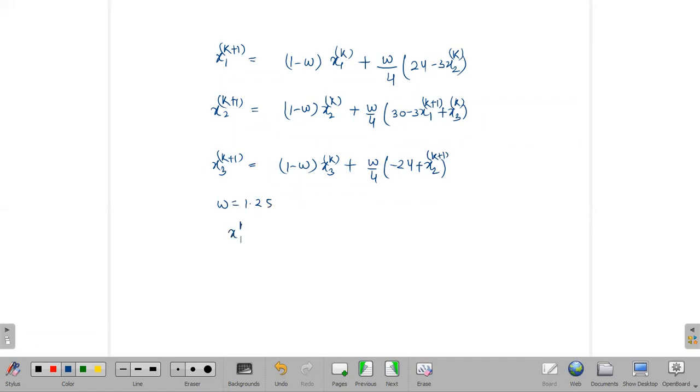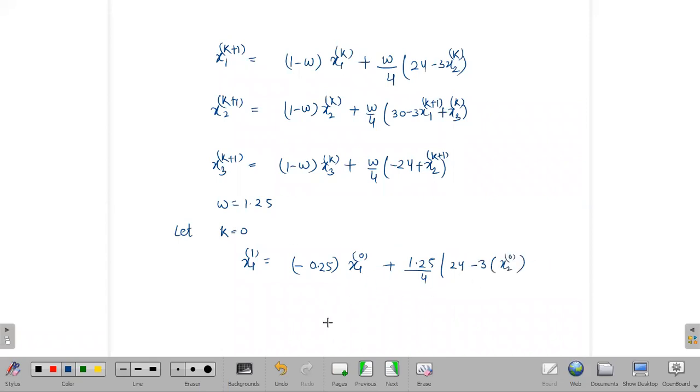So here it will become x1 at k plus 1. Suppose I'm taking k equal to 0. So you will get the first component of the first iteration. You will get minus 0.25 x1 at 0, plus 1.25 by 4 into (24 minus 3 into x2 at 0).